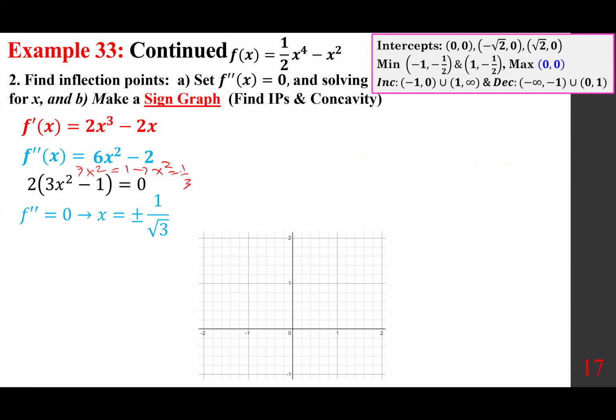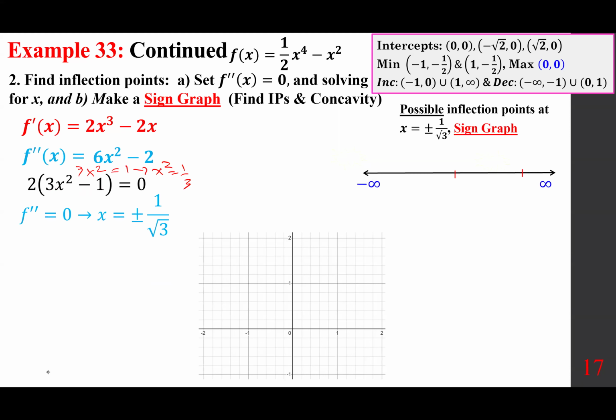So we are going to go with the sign graph. From negative to positive infinity, we are going to put the x here and f double prime here, and we put these two numbers in order from smallest to largest. You don't even have to know the decimal representation to know this is smaller than this.